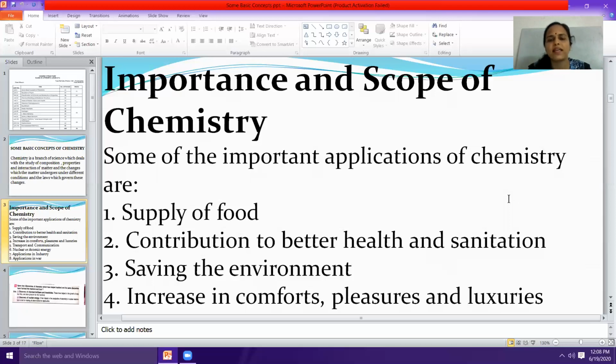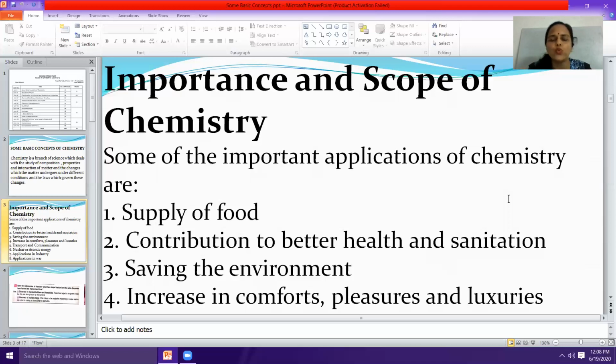Life-saving drugs like cisplatin and taxol have been found to be very effective for cancer therapy, and AZT, azithromycin, you can say, is used for AIDS victims.